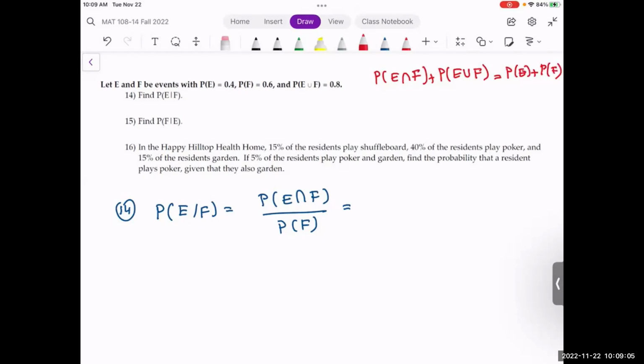And you see here, I have probability of E 0.4. So this is 0.4. I have probability of F 0.6. So plus 0.6 here. I have the probability of the union, which is 0.8. So this is X. That's missing, right? It is actually plus here.